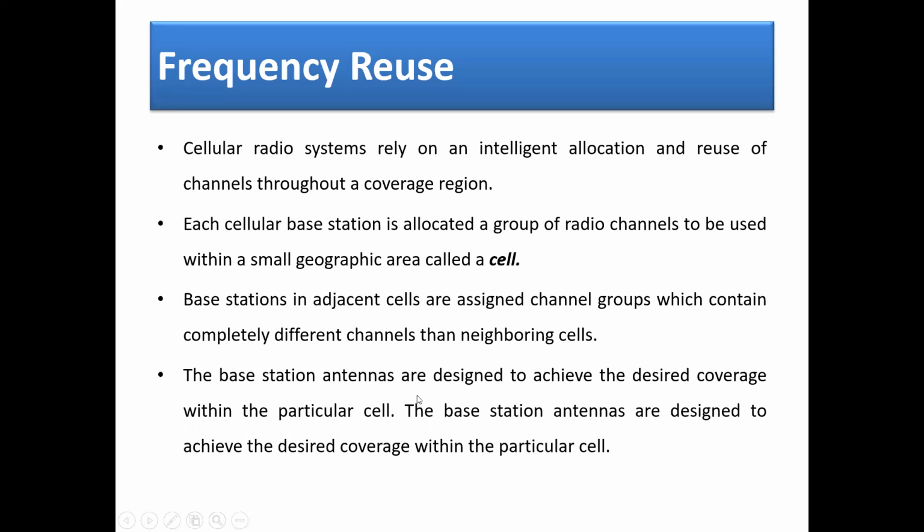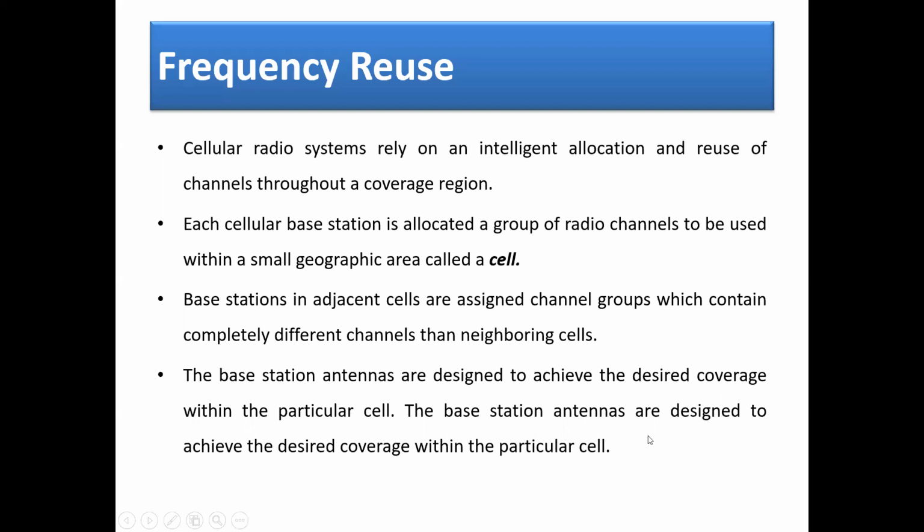The base station antennas are designed to achieve the desired coverage within a particular cell. Okay, this is the important point. Always we are going to adjust the amount of power in a way that the power will not exceed the cell boundary.